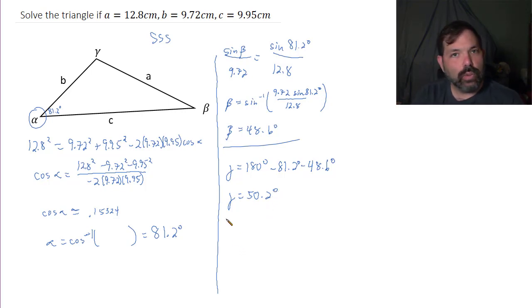Alright, so that concludes the techniques. We've now seen how we can solve oblique triangles for all the different possible cases where we can solve them. And so now let's see some applications.